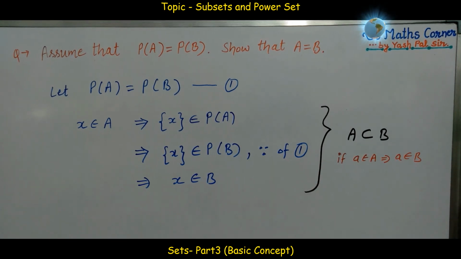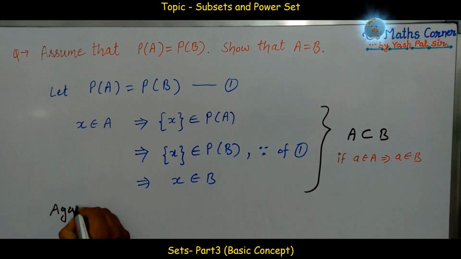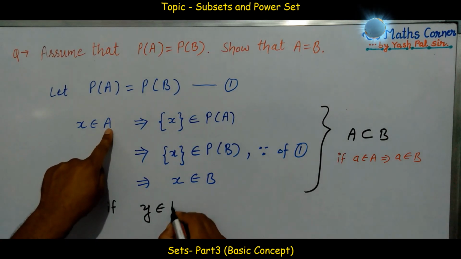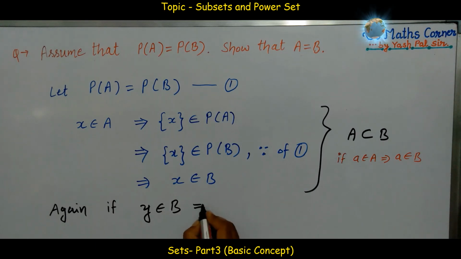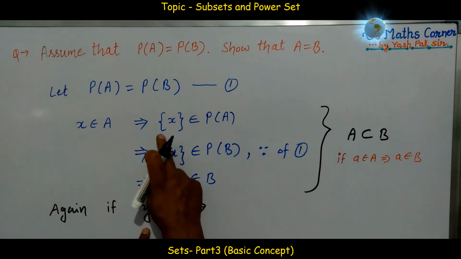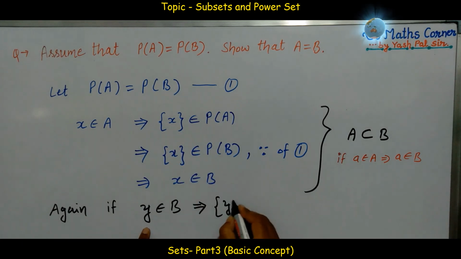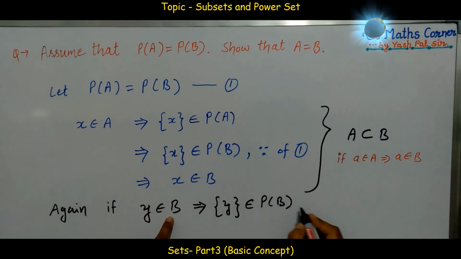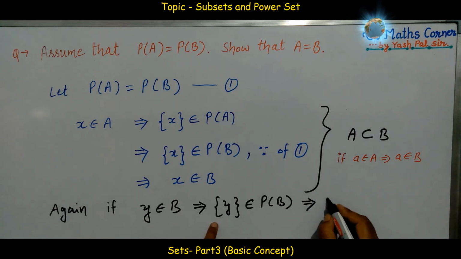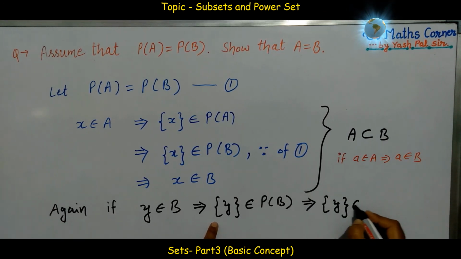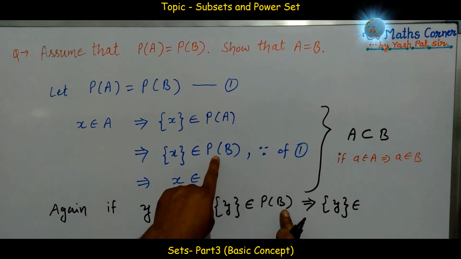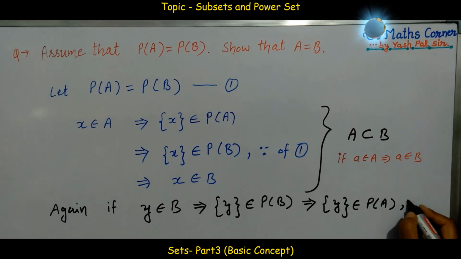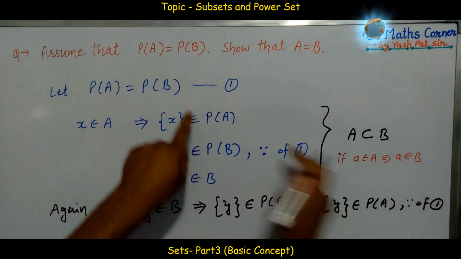Now again, suppose y is any element which belongs to B. Inserting the curly bracket, this becomes an element of power set of B. Again this implies that this belongs to, in place of power set of B we write power set of A, because of 1, because these two are equal.